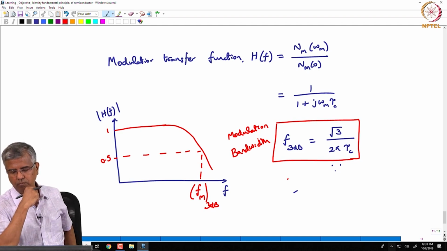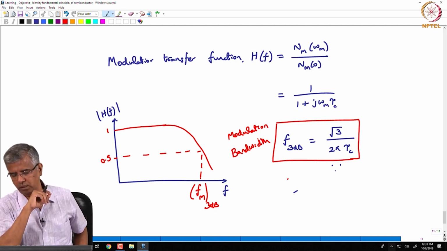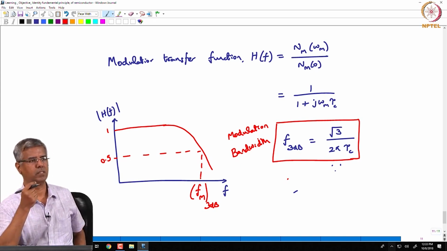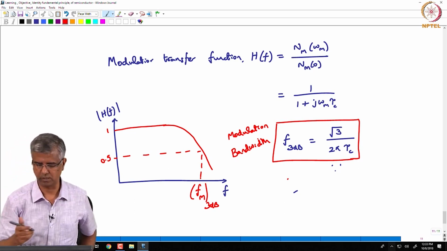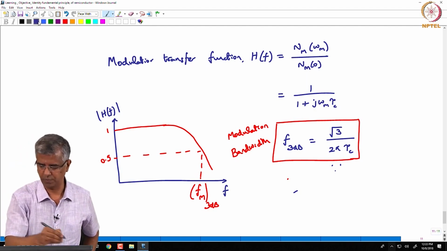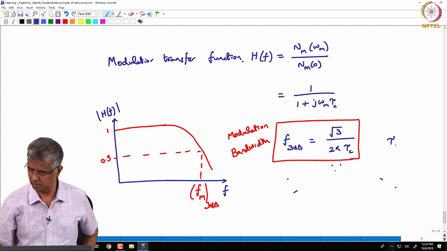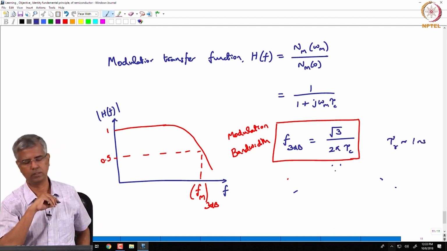For example, if your modulation is due to radiative processes, let us say the typical value for tau r is in the order of 1 nanosecond.